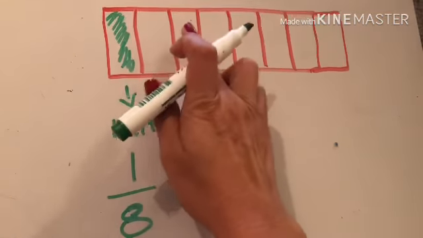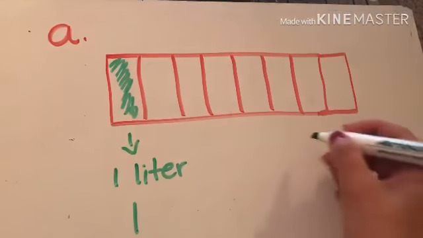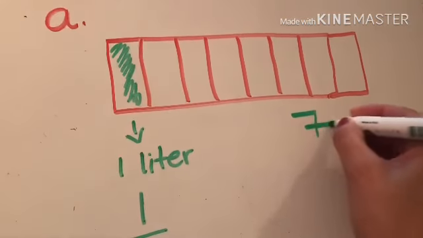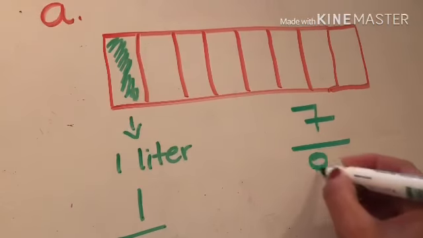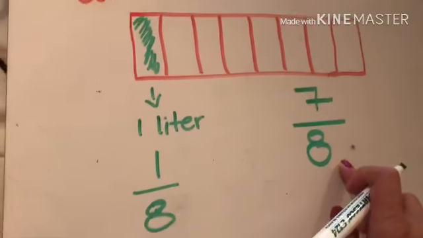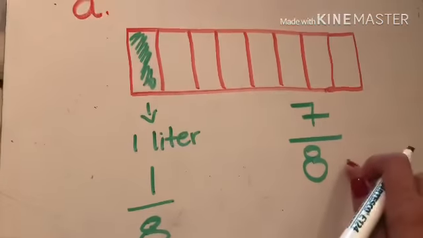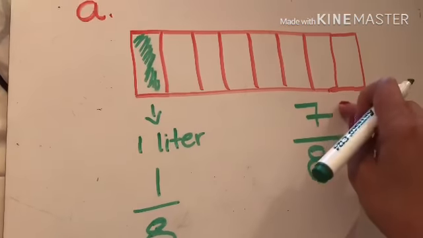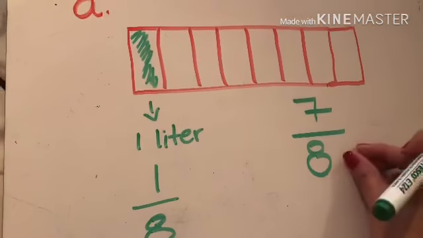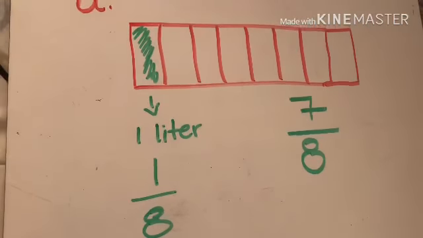We have 1, 2, 3, 4, 5, 6, 7. We have left 7 out of 8, 7/8. The guests drank 1/8, and Mr. Stevens has left 7/8 of the total amount of drinks.